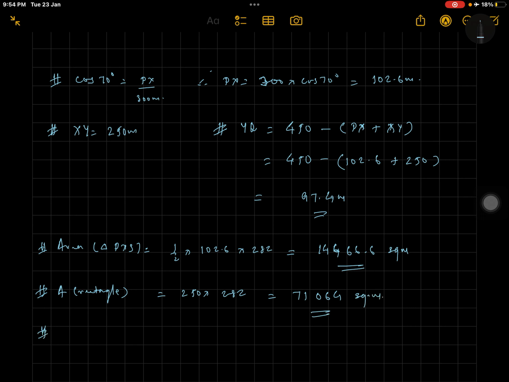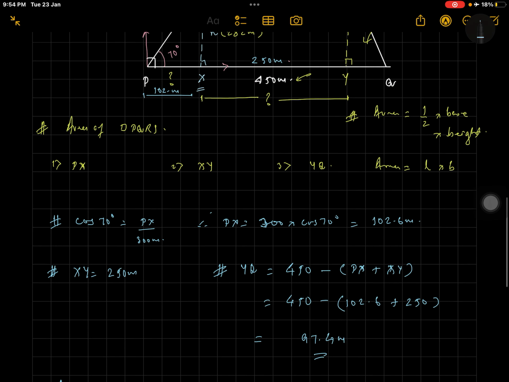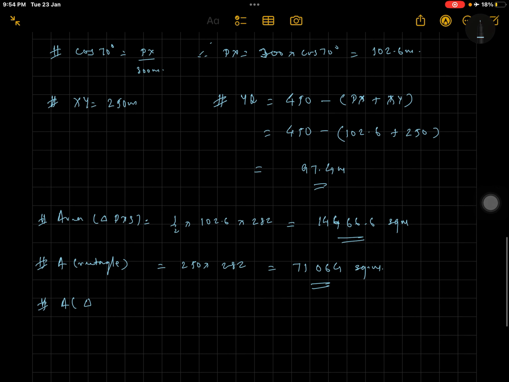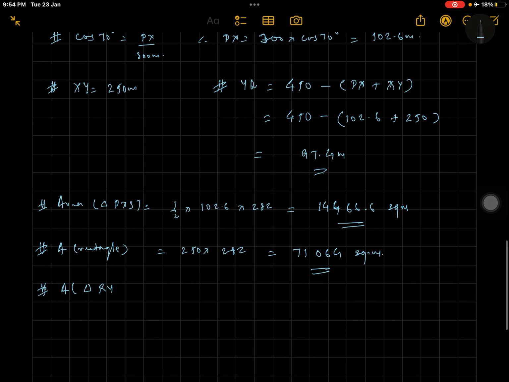And the third piece is the area of the triangle again. It's called RYQ. That's half times, the height was again 282, times 97.4.